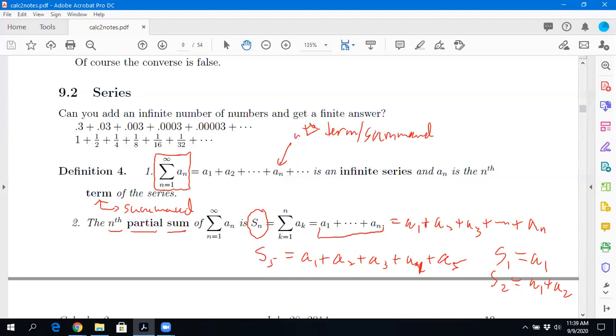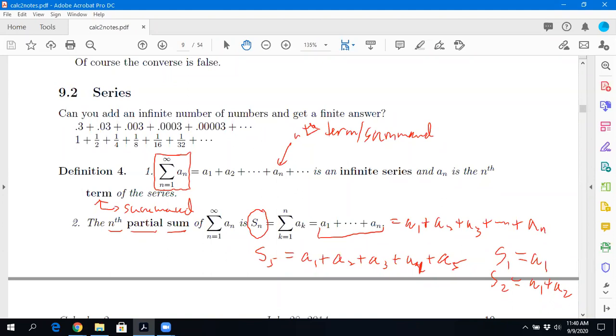What should happen to that sequence of partial sums? It should be getting closer and closer and closer to some number. Does that make sense? So to say that a series converges means that the partial sums converge to some number.